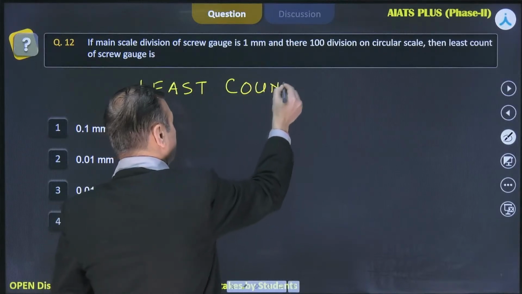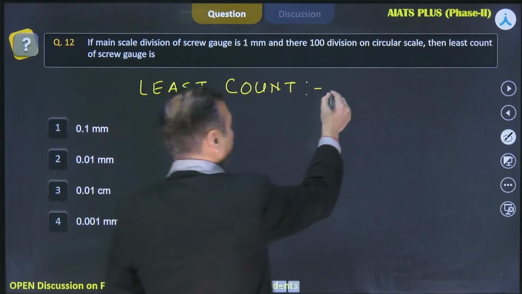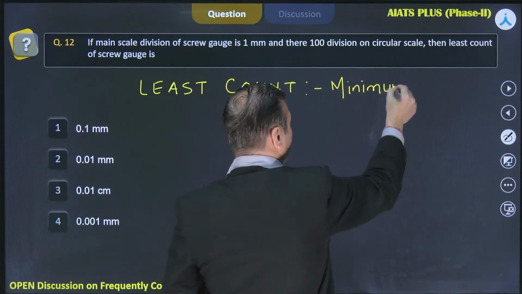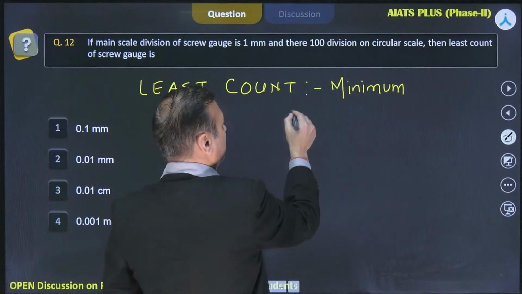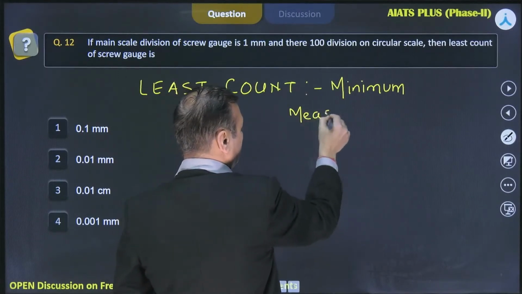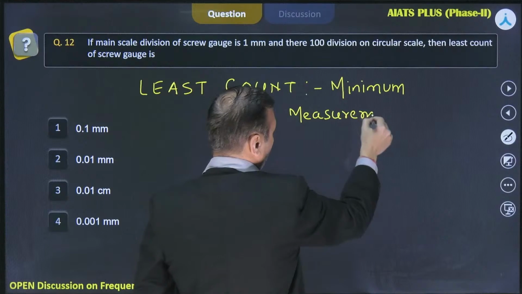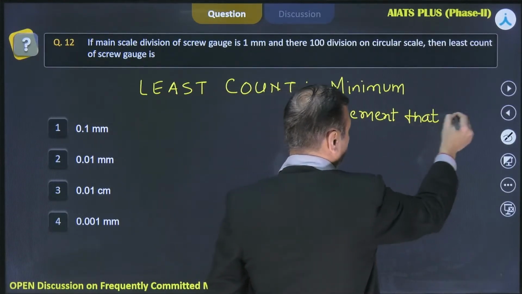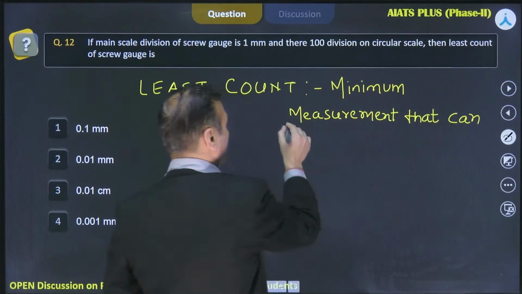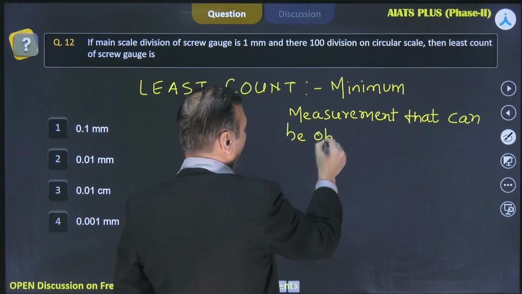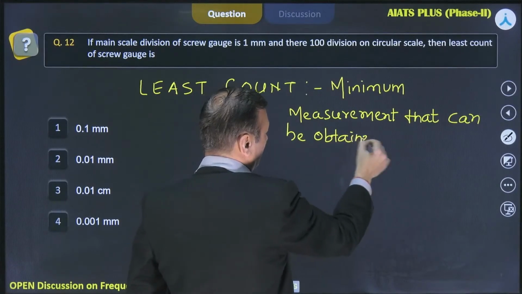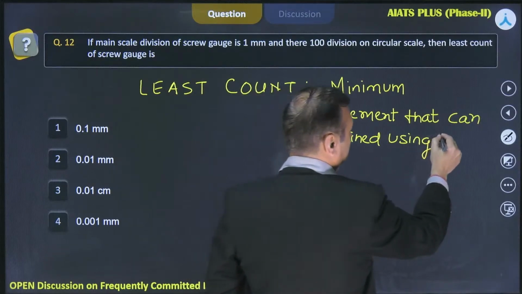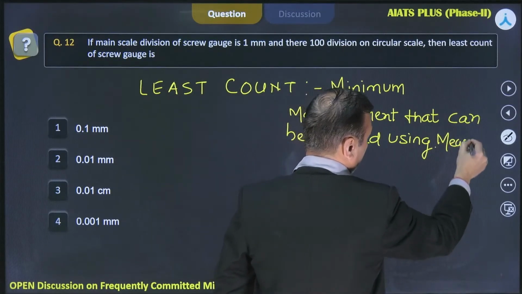It is basically the minimum measurement that can be obtained using any measuring instrument.